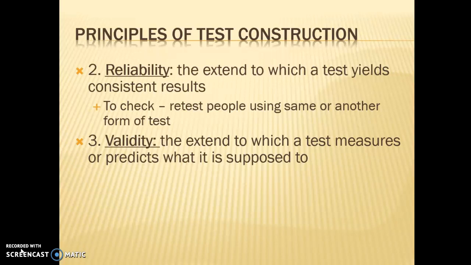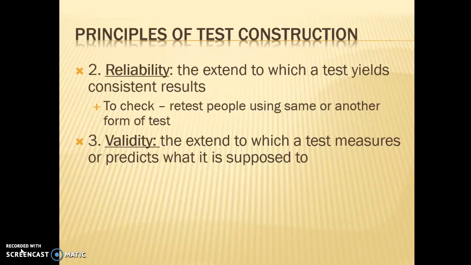If it's meant to predict how well you can drive, does the written portion actually do that? And some of you might say yes, and some of you might say no. A better predictor would actually be having you get in a car and take an actual driving test, right? So validity is talking about the extent to which a test measures or predicts what it's supposed to predict, okay?